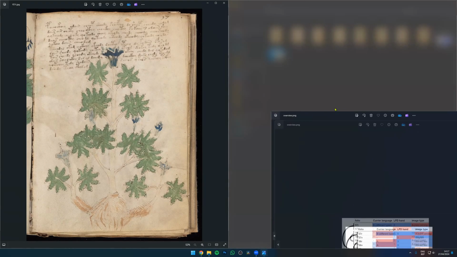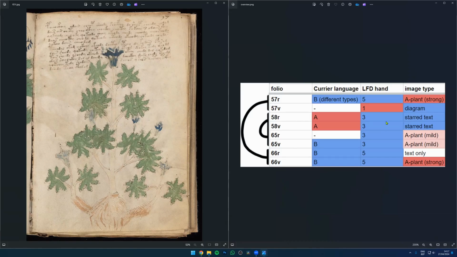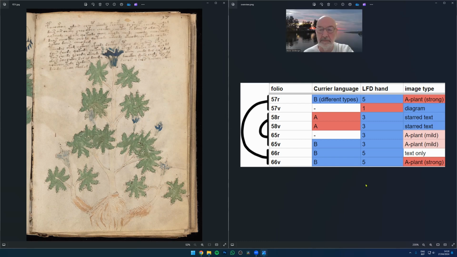So if we add our plant property data to all of this, then on almost each of these pages in Quire 8, and in Quire 8 alone, so it's really quite exceptional, there is a mix of things that belong more with Currier A or Herbal A and things that belong more with Currier B. None of these pages are absolutely consistent in the way that the other pages are. And part of that already has to do with text and scribes.